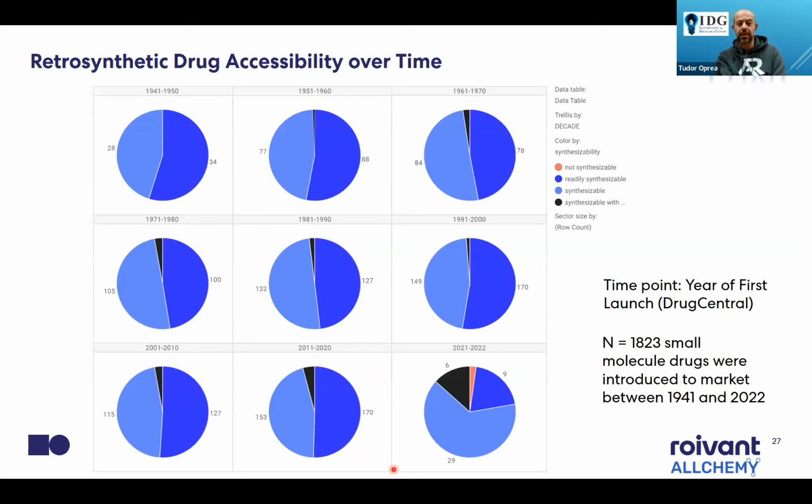So some of the questions we asked to try to understand this: if you look at the approval of drugs, the obvious question was, has synthetic accessibility changed over time? The short answer is not much. It turns out that there was no dramatic change over time when it comes to that.